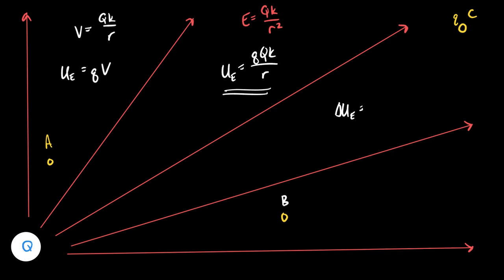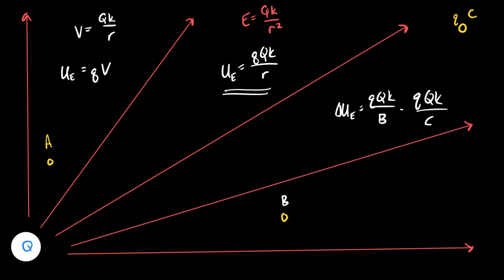If I wanted to find the change, I'd take the amount of energy it would take to get to B and subtract how much energy it would have taken to get to C. If I want to make them relative to 0, this would be the change in energy in going from C to B. Any question about that?